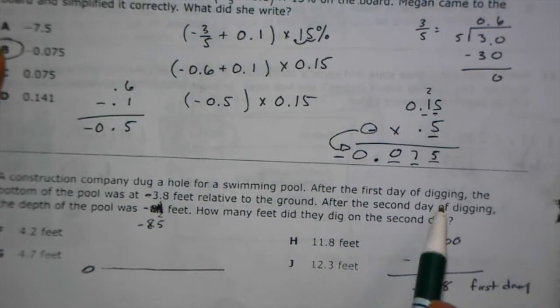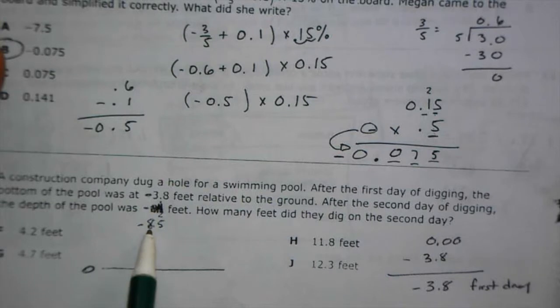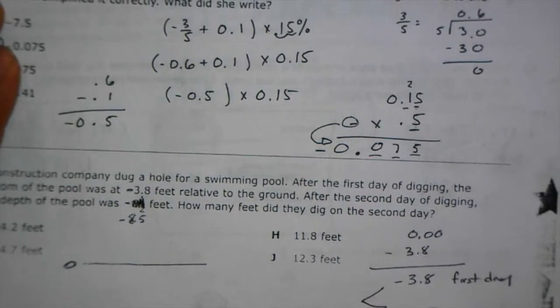This is my first day. After the second day of digging, the depth was at negative 8.5. So after the second day, I was at negative 8.5. So how much did it change from here to here?